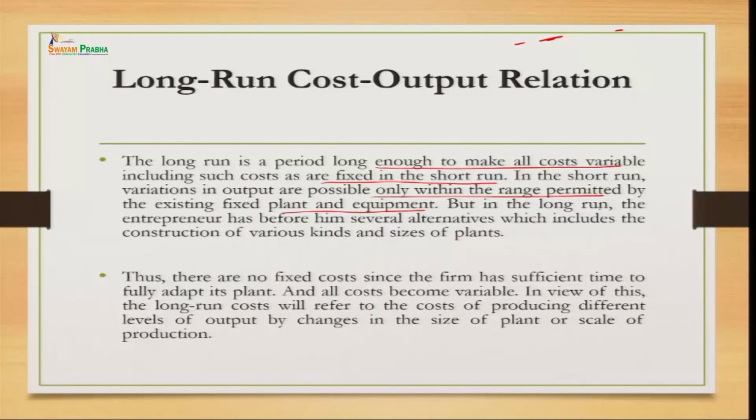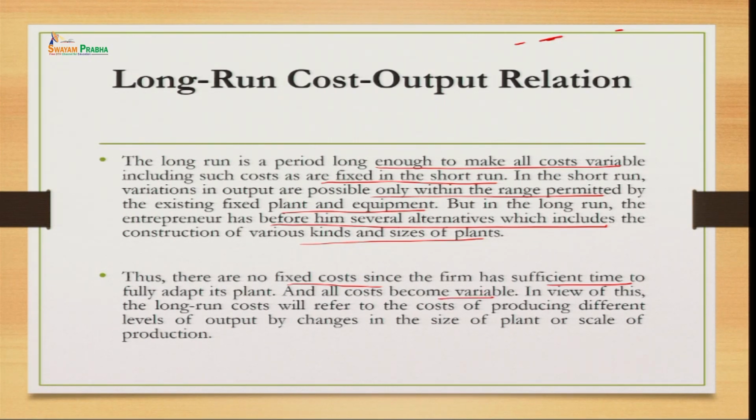But in the long run the entrepreneur has before him several alternatives, which include construction of various kinds and sizes of plants. So, in the long run you can definitely stretch yourself and produce more. Since firms have sufficient time to fully adapt their plant, all costs become variable, right.